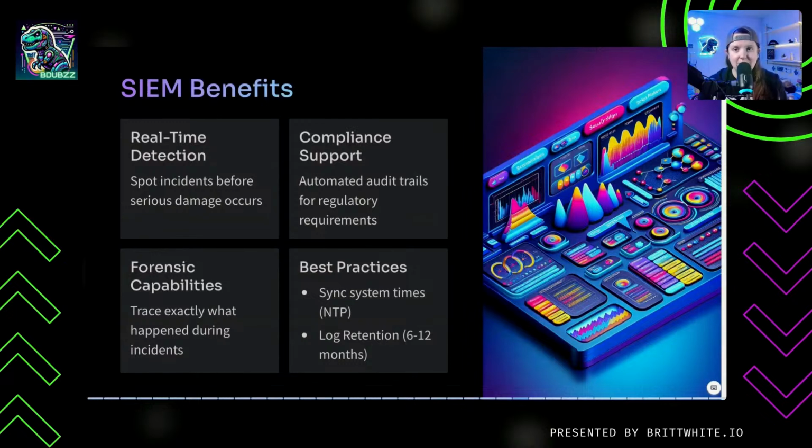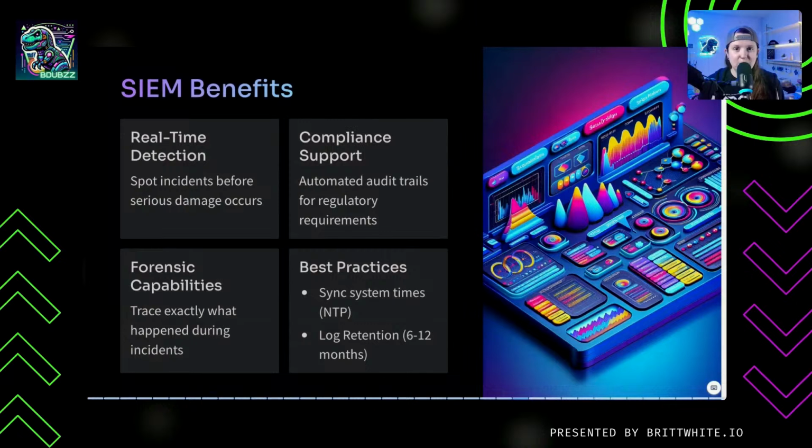Second, when it comes to compliance, SIEM is your best friend. It automatically maintains detailed records, making it much easier to prove you're meeting regulatory requirements. And third, if an incident does occur, a SIEM gives us powerful forensic capabilities. We're able to trace exactly what happened, when it happened, and how it happened, which is important for both investigation and prevention.